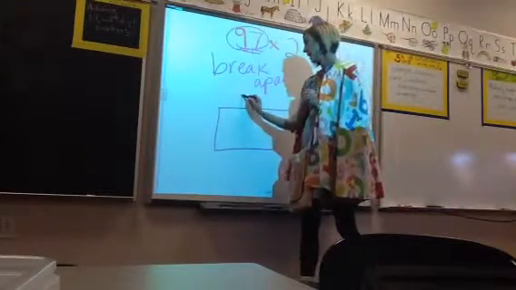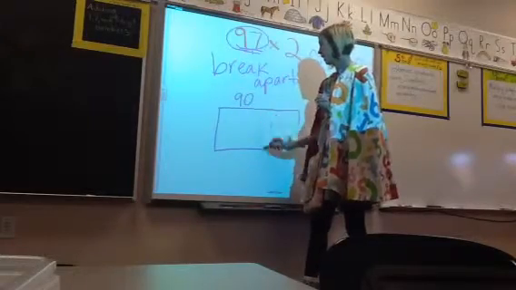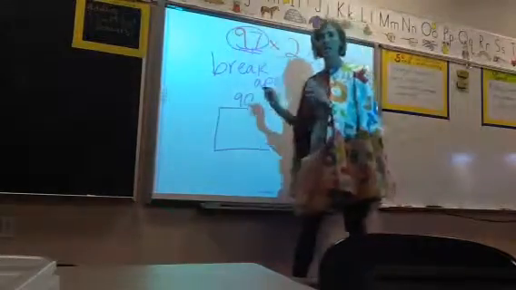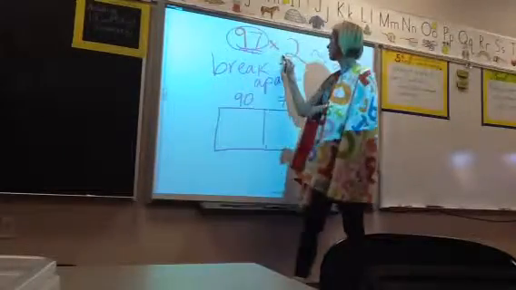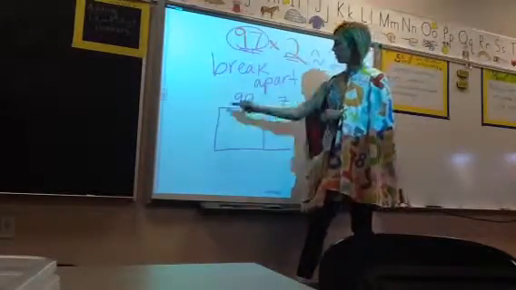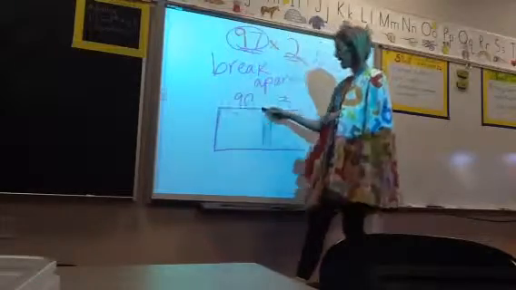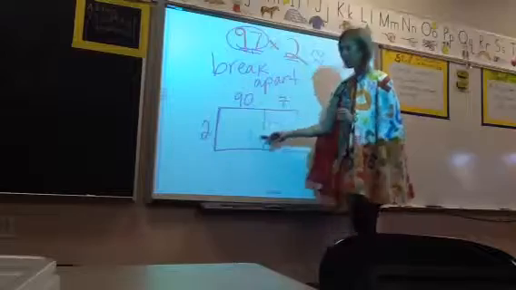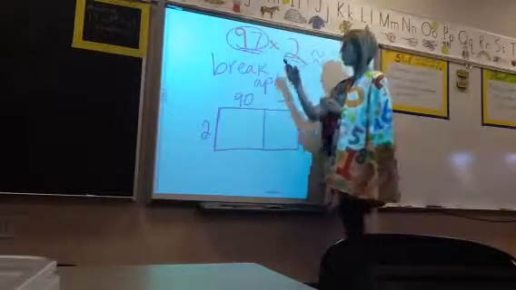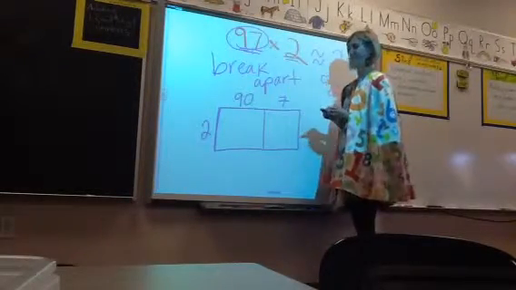I have a 90 and I have a 7. 97. And then this 2 is 1 digit. So over on the side, I'm going to take 97 and multiply it with 2 to find the area of this rectangle, which will tell me what this product is.